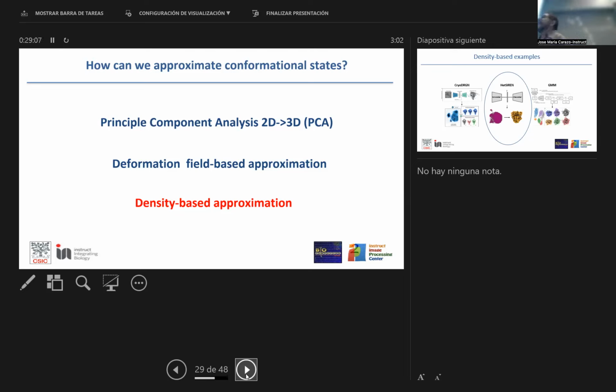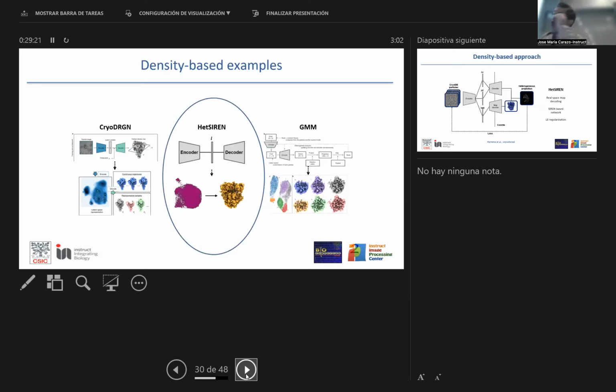Still, this approach cannot work for everything, especially if you have compositional heterogeneity. This cannot work by first principles. Which other things could work? Well, what if we consider the images and do a per-pixel, per-voxel approach without any flexibility model behind it? Maybe you are thinking, why not start by doing that instead of going through the flexibility?